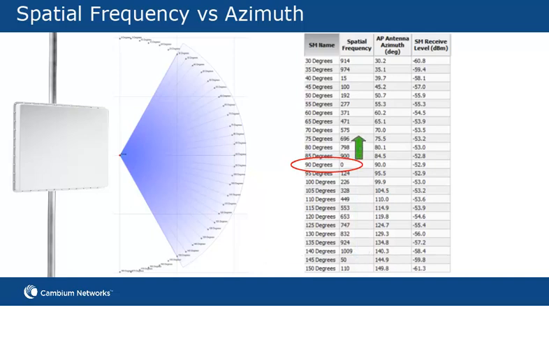Starting at the peak, if we decrease in azimuth, the spatial frequency also decreases, immediately rolling over to 1023. It continues to count down until it reaches 0, between the 35-degree SM and the 40-degree SM, where it rolls over again and continues to the edge of the sector. It should be noted that there is not a one-to-one correlation between azimuth and spatial frequency. Every spatial frequency is represented twice, with some spatial frequencies being represented 3 times.